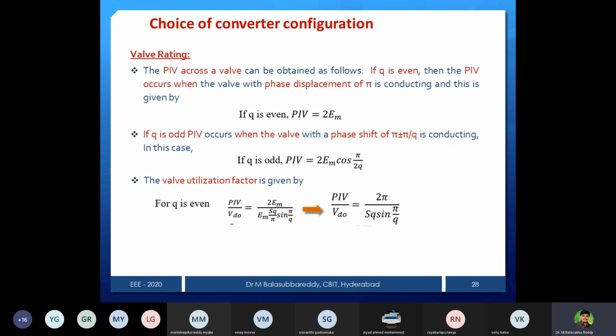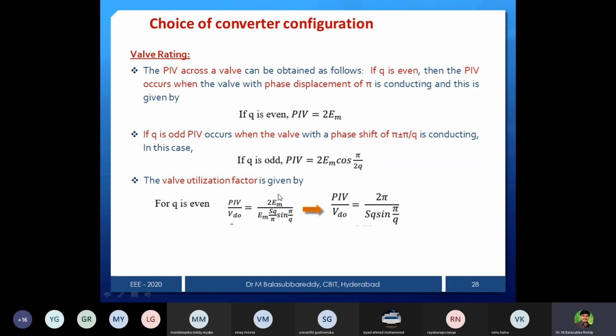Now the utilization factor, for Q even, is PIV by Vdo or V out, whatever. Then you simply substitute this 2Em, and Vdo I already derived earlier by substitution of the limits 0 to pi by q. Simply take this ratio.